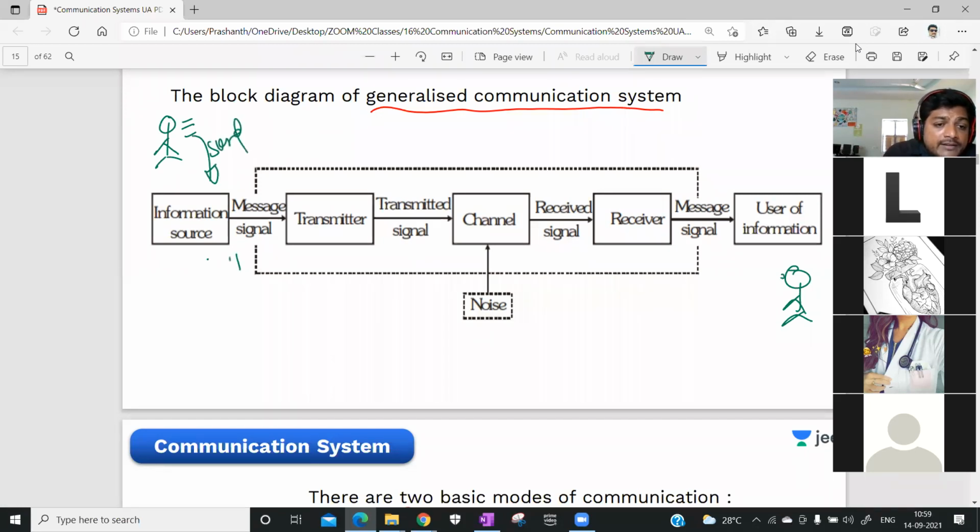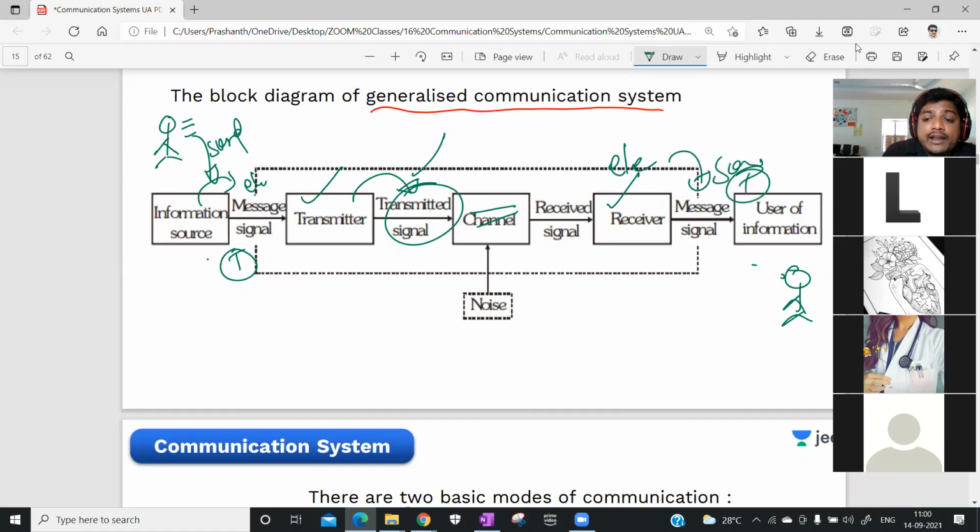By using a transducer, we convert these sound signals into a message signal, which is in electrical form, and this is fed to the transmitter. The transmitter sends the transmitted signal, which I will explain later. This transmitted signal propagates through the channel and reaches the receiver. The receiver receives this transmitted signal, which is in electrical form, and converts it into sound signals by using a transducer, so that you can understand.